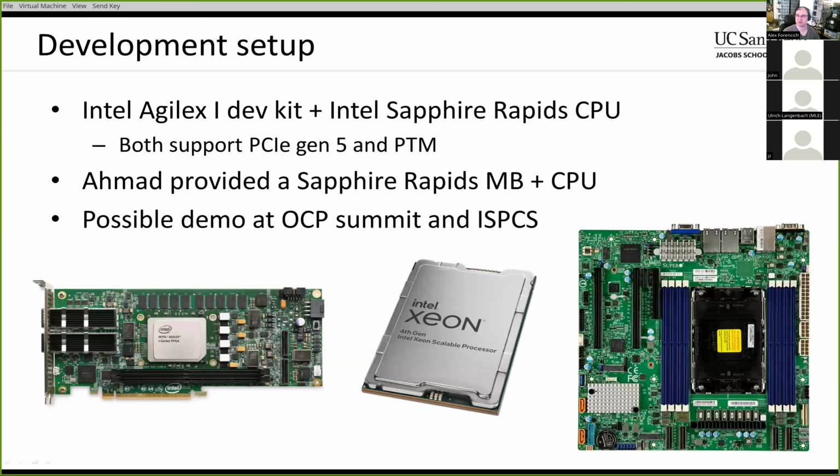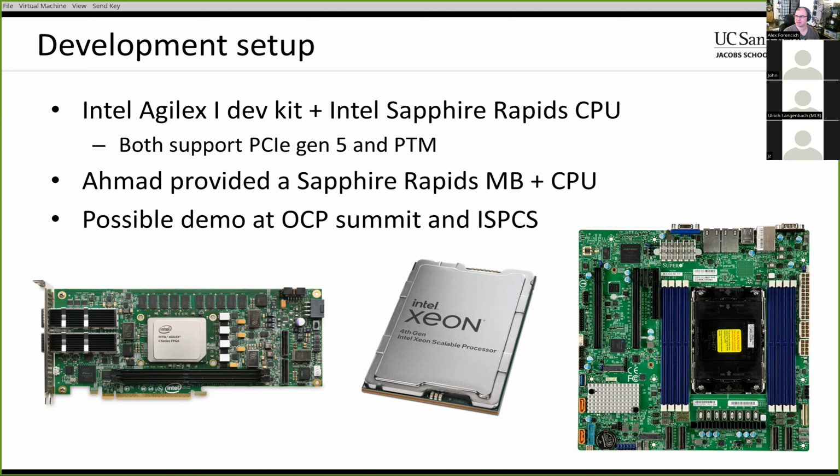Now, obviously, to make this work, you don't only need the dev kit, but you also need a CPU that supports at least PTM, although ideally also PCIe Gen 5. So the weekend before last, I went up to San Jose and met with Ahmad at Meta, who's spearheading the time card project for Open Compute, and he provided a Sapphire Rapids motherboard and CPU.